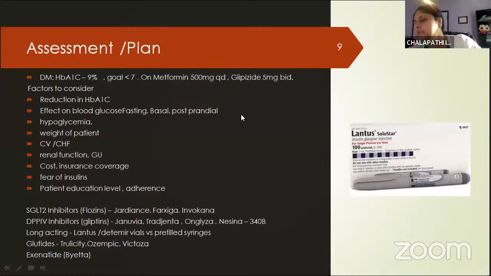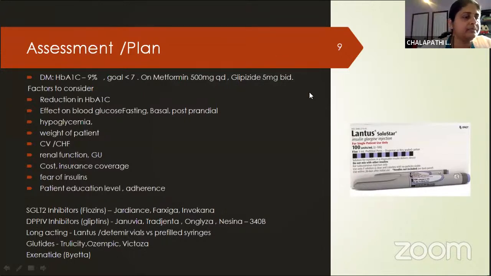Yes, anybody else? I want students to interact and talk, please. Ask questions. So think this is your drug information center, and you're sitting in the hospital and you're looking at a patient with HbA1c 9%, and you have metformin once a day.